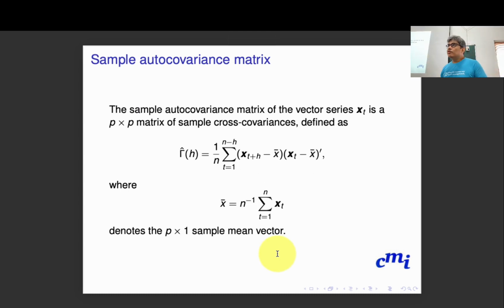Naturally, to estimate it you use the same idea of sample moments. Obviously, one option is a likelihood method, but in high dimension you have to estimate too many parameters. So the sample autocovariance matrix works reasonably well.